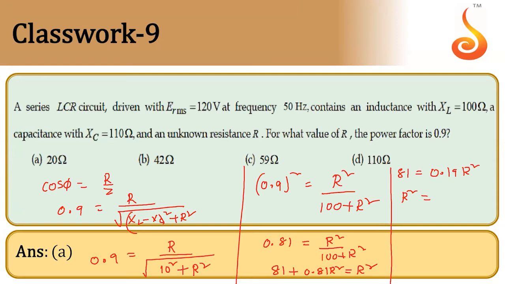So R square equals 81 divided by 0.19, and R equals the square root of 81 divided by 0.19. How much is that? Check it. You'll get close to 21. Copy that, children. Yeah, 20.6. Okay.